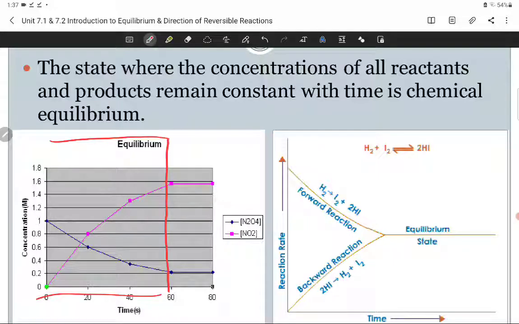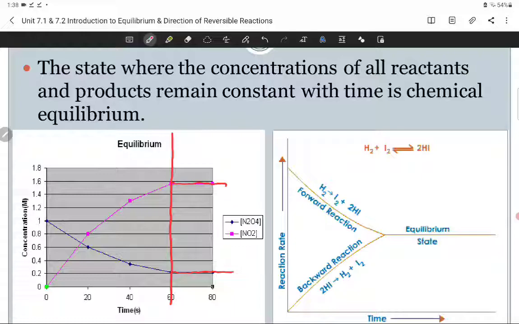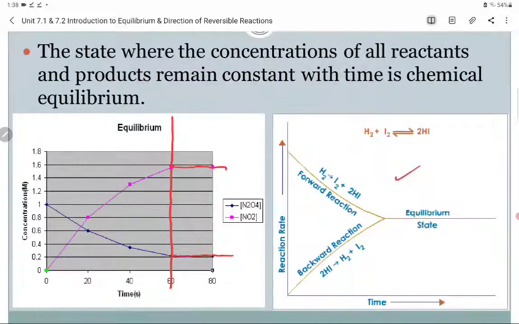Well, now in equilibrium, we're going to be interested in when these level off like this. So concentration over time, those rates flatten. That is now equilibrium. So the forward reaction and the reverse reaction are happening at the same speed. This is just a little bit of different representation of the same idea there.